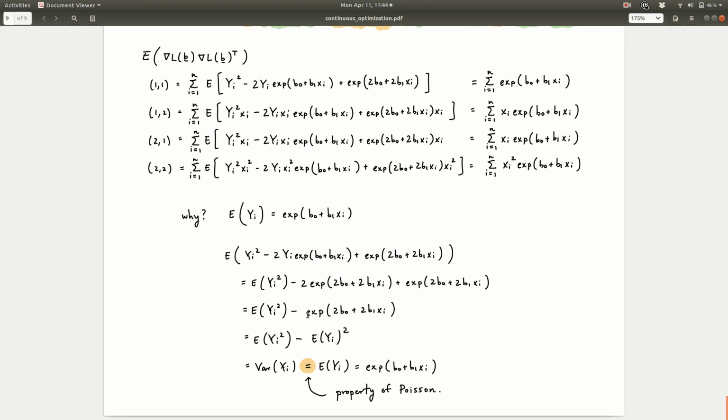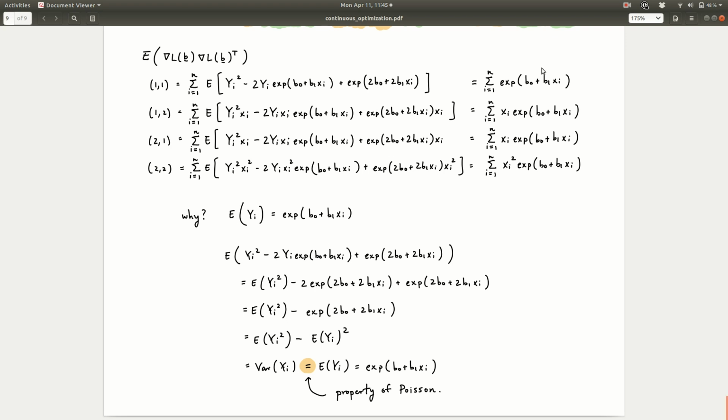And remember that this is the square of e to the b0 plus b1xi, so this is the square of the expected value of yi. And so we're left with the expected value of the square of yi minus the square of the expected value of yi. Well, that's just the definition of the variance. And because of the special property of Poisson, that the variance of the random variable equals its mean, we know that the variance is equal to this.